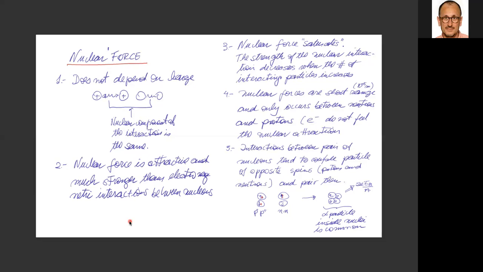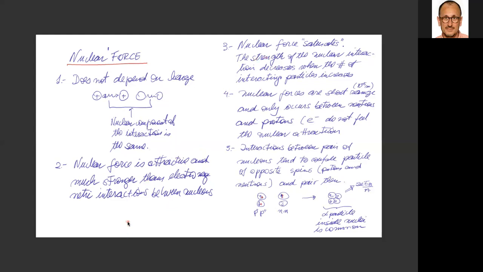But you can get very close to a person and not feel the nuclear interaction between you and that person, because the nuclei really have to get very close together. You have to go beyond the electronic cloud of the material to actually see the nuclear effect of the reaction.